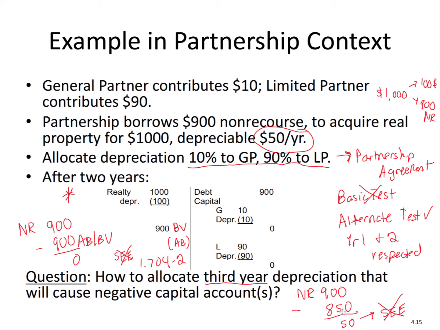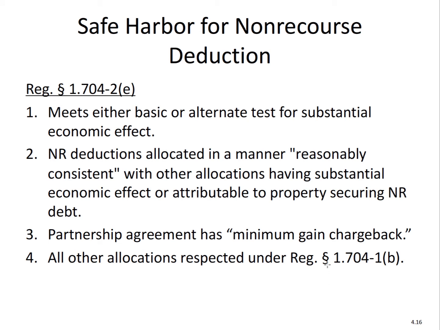All right? So let's take a look at what exactly is needed for non-recourse deduction. So again, Reg 1.704-2. For now, consider non-recourse deductions to be any cost recovery deductions, and it's actually a little bit more than this, and I'll explain later on.